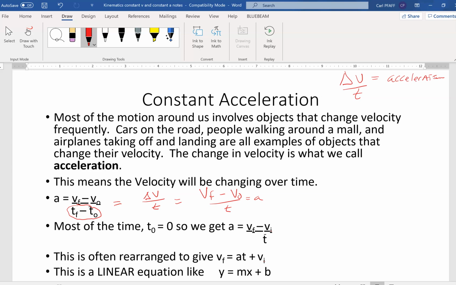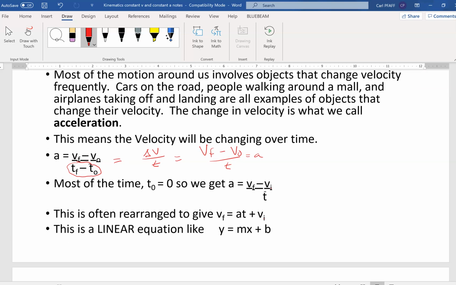When we put our foot on the gas, when we let the thing go from the top of the ramp, when we push off and decide we're going to start sledding down the hill, that time is where we start timing things, so it's going to be 0. So we just end up with acceleration equals final velocity minus initial velocity over time. And then we could do some algebra with that. So we could say that A times T equals V final minus V initial.